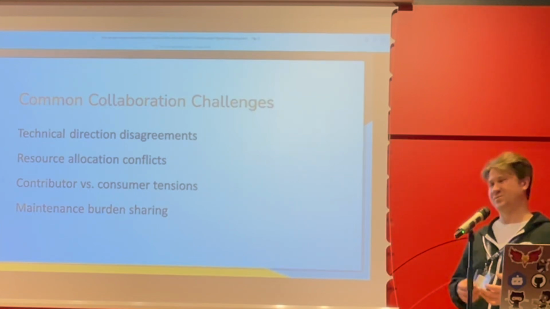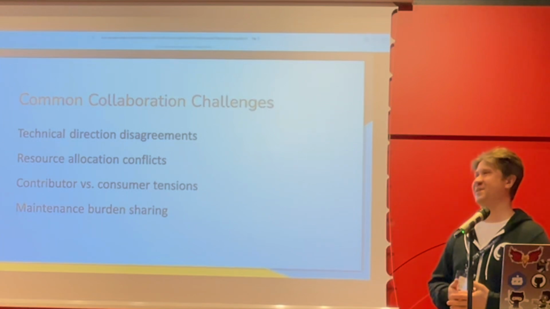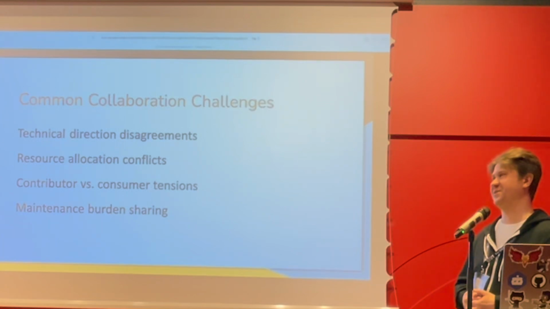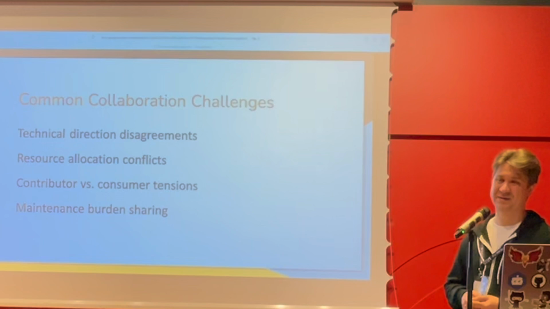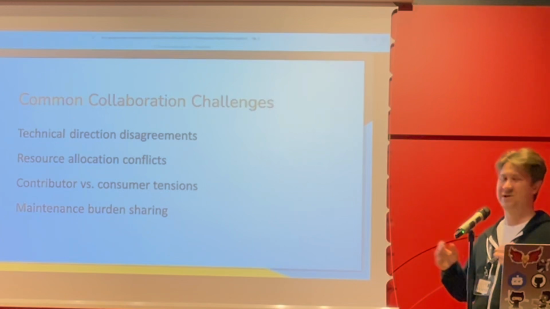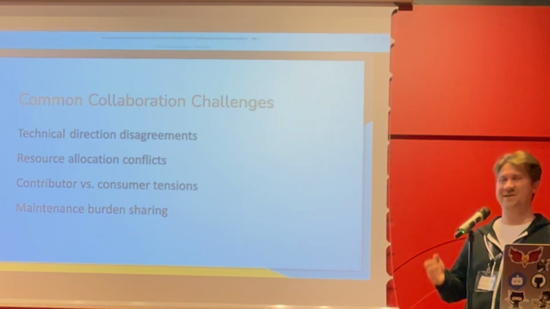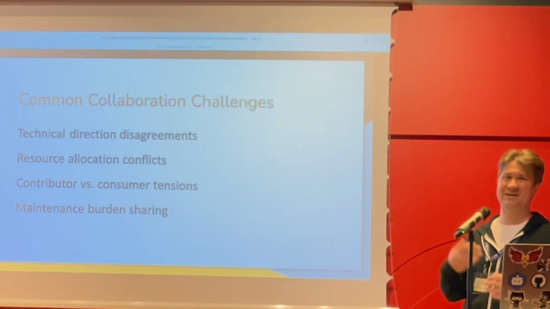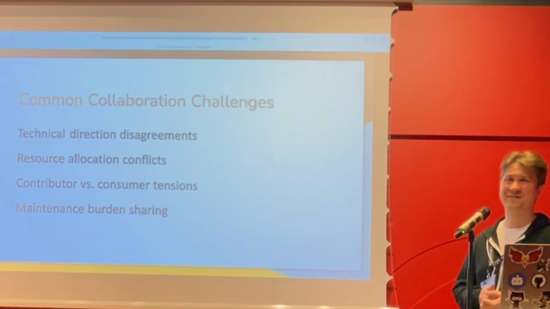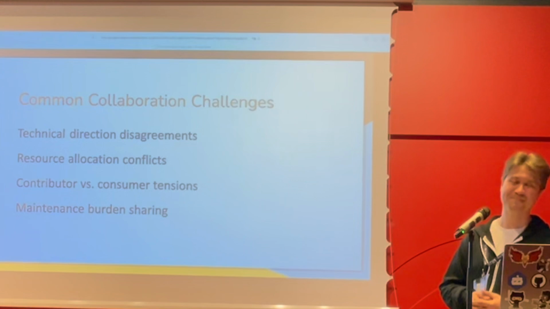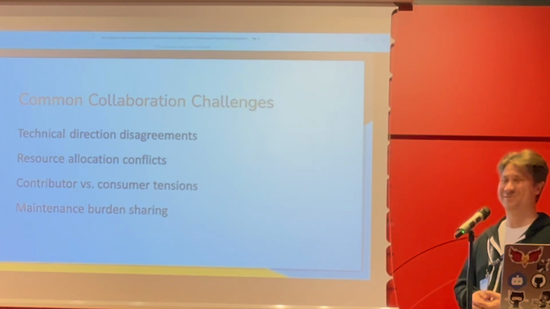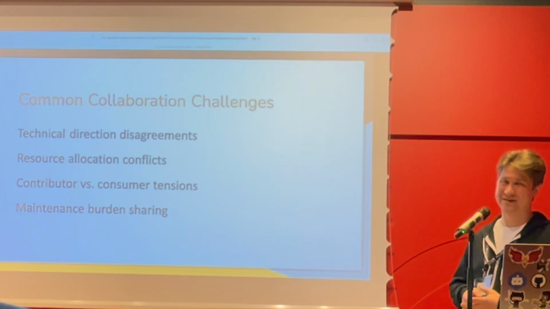In the open source world, there is a quite famous, or infamous, if you wish, tension between contributors and consumers. So when people who only consume and don't contribute come to contributors with some demands like fix this bug or add this feature, and feel entitled to this change. That might happen as well, of course, across organizations.